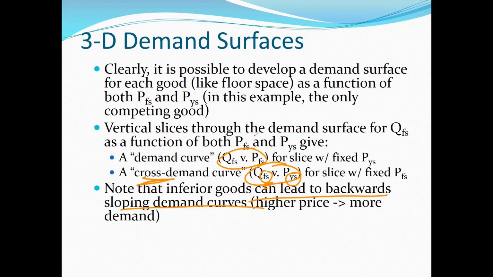Even though this started because the price of bread went up, that doesn't lead to a reduction in consumption of bread. It actually leads to an increase, because the families who could previously afford meat cannot afford meat anymore, so they have to go for the cheaper alternative. I'm assuming, obviously, the price of bread is lower than the price of meat. So this is the idea of inferior goods leading to backward sloping demand curves, meaning a higher price means more demand. When the price of bread goes up, the demand for bread goes up as well, because the families can't afford meat anymore.